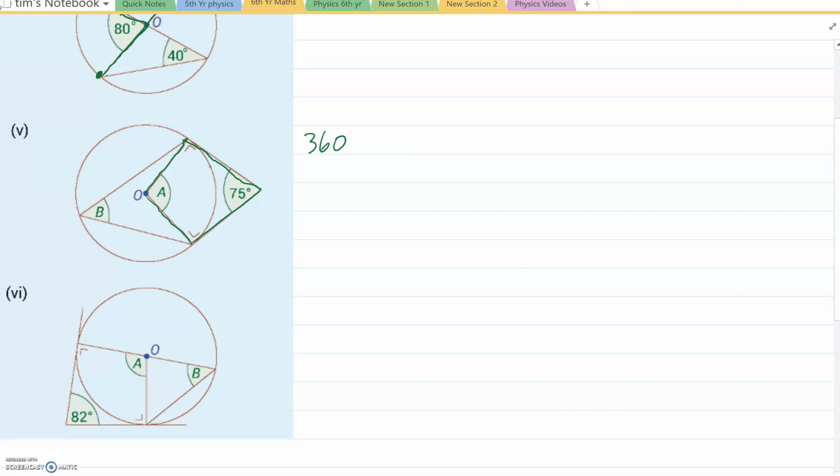You're given 90 degrees, 90 degrees, and 75 degrees, so you take all those away from 360. Take away 90, 90, and 75, and that gives you a princely sum of 105 degrees. So A is 105 degrees.